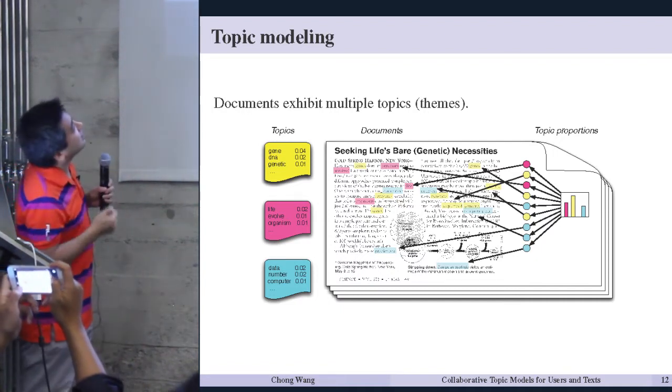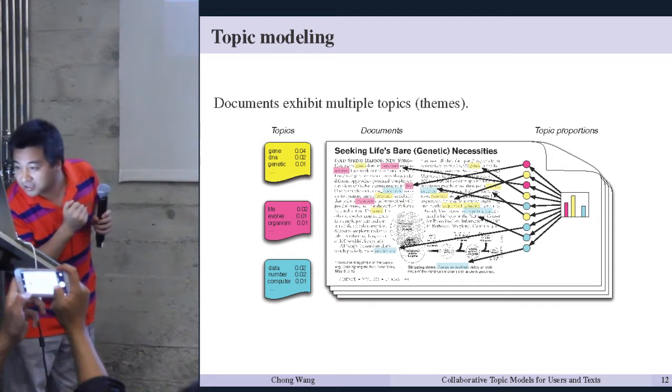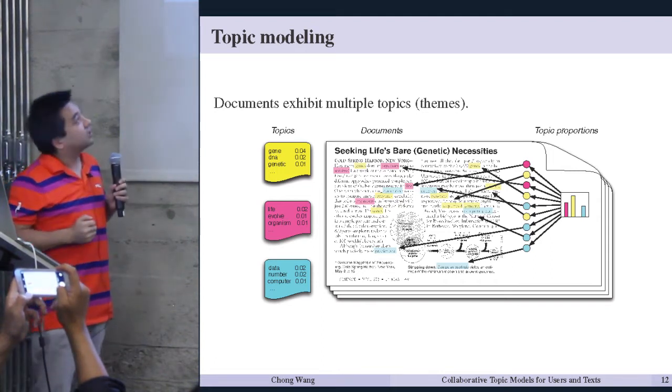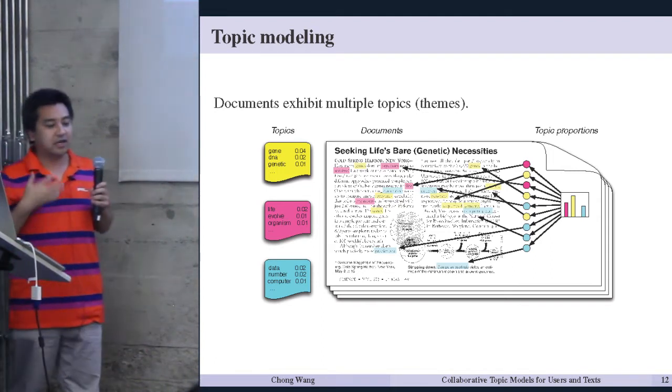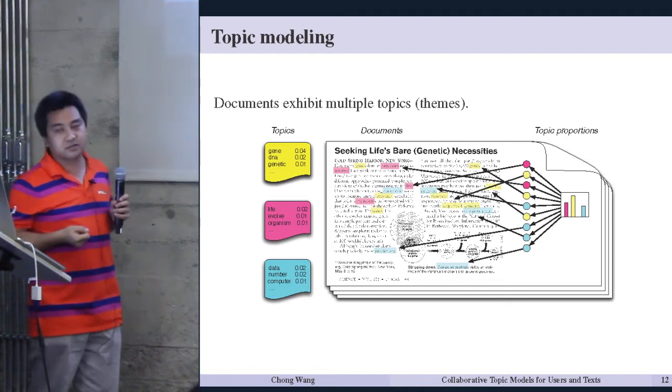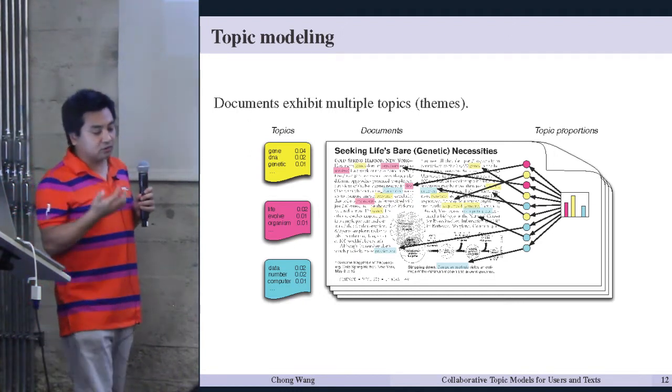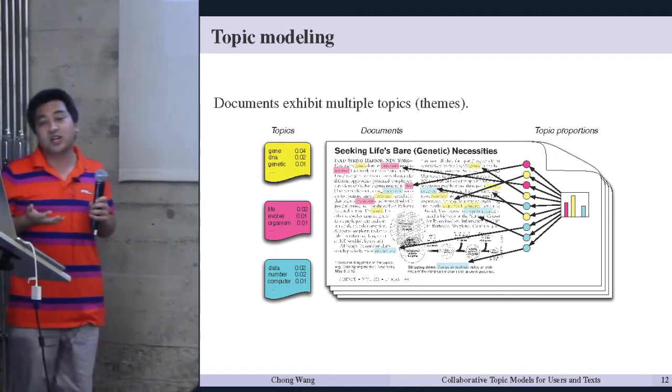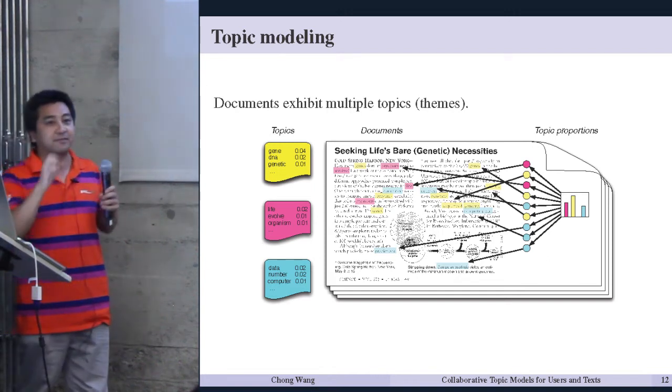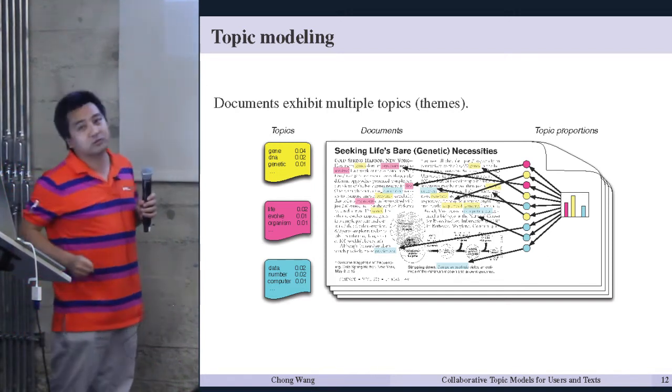Say this document is about seeking life's bare genetic needs, and it talks about these three topics. But these three topics do not necessarily have the same popularity within this document.